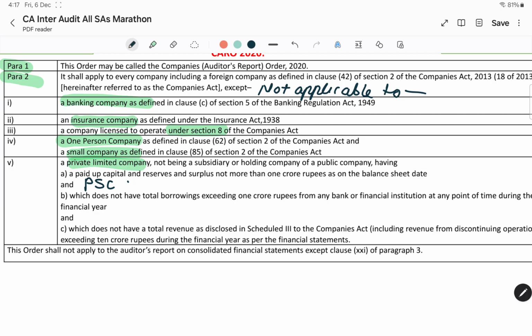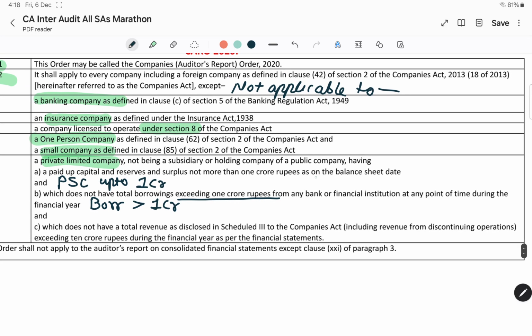Not more than means up to 1 crore, which does not have total borrowing exceeding 1 crore from any bank or financial institution. This will be as on the balance sheet date, and this financial institution borrowing will be at any point of time during the financial year.